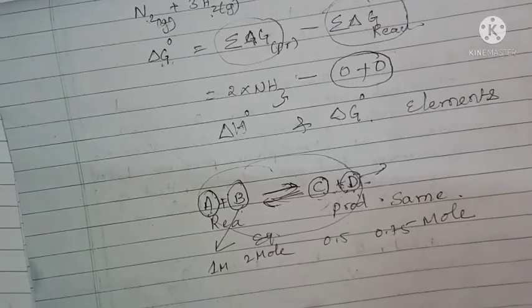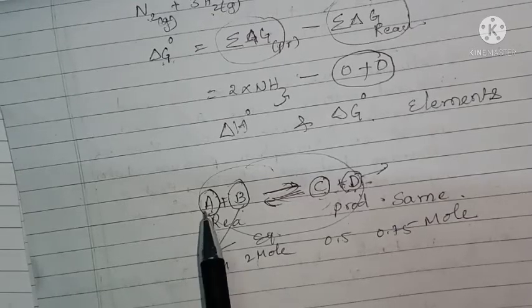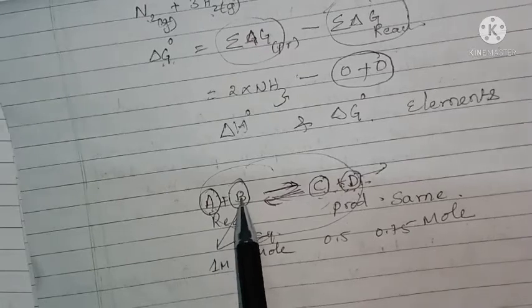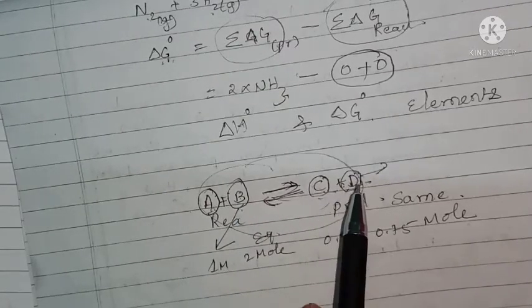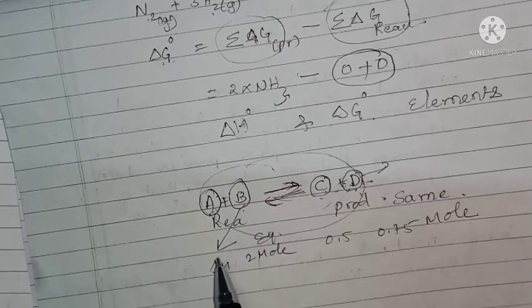Whatever their concentration is at equilibrium, that value becomes constant, but they are not equal. Don't think that the concentrations of A, B, C and D are all equal. No. They have different concentrations, and that concentration value is constant at equilibrium.